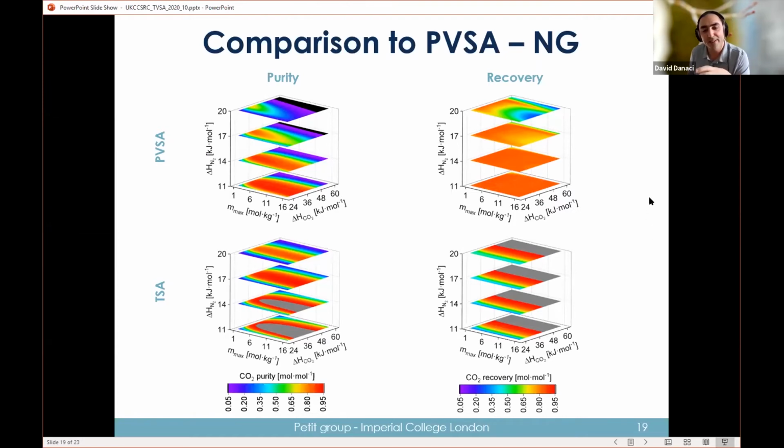As I mentioned earlier, because we have that extra freedom in the TSA case to supply thermal energy, we lose all of these trade-offs that we previously had for the PVSA case.